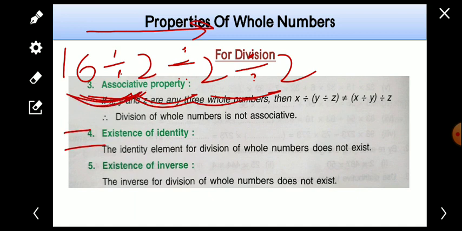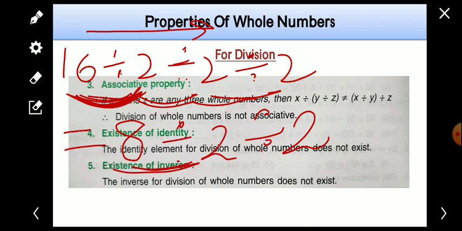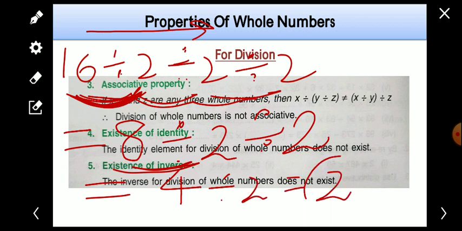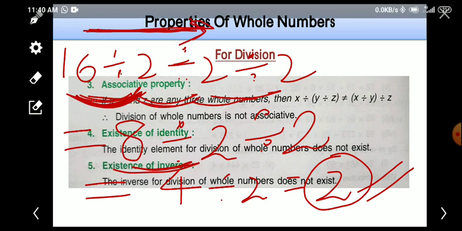First we will divide 16 divided by 2, then we get 8, then divided by 2 we get 4, then divided by 2, then 2 is the answer. So whenever this type of condition comes, continuous division, we will not make the grouping of any two numbers.